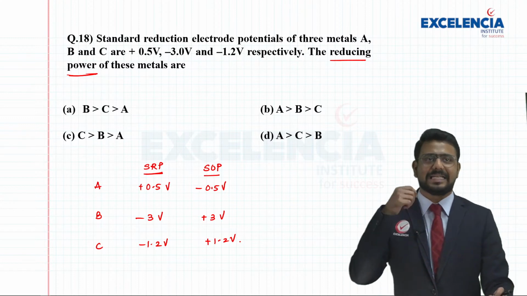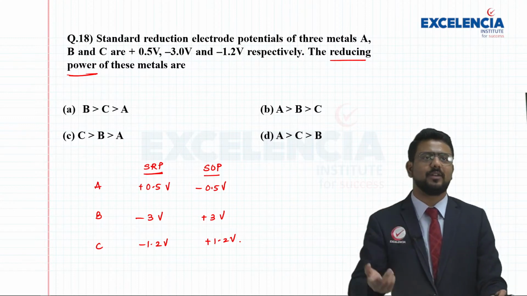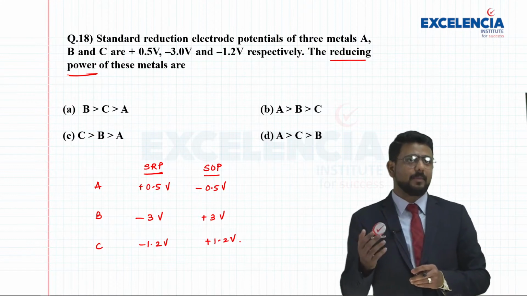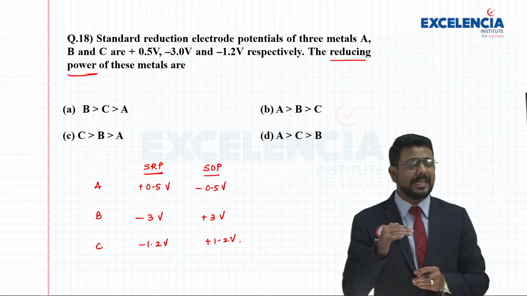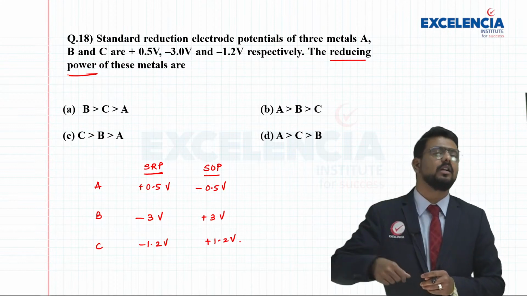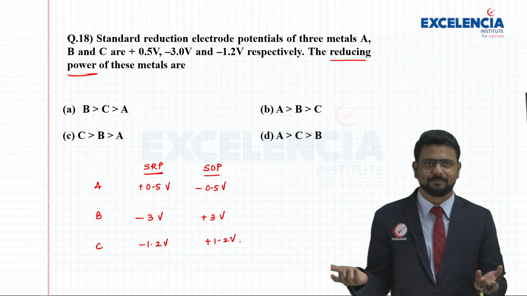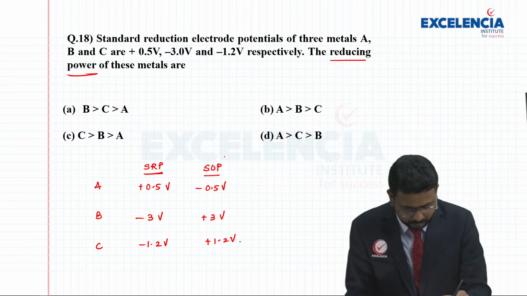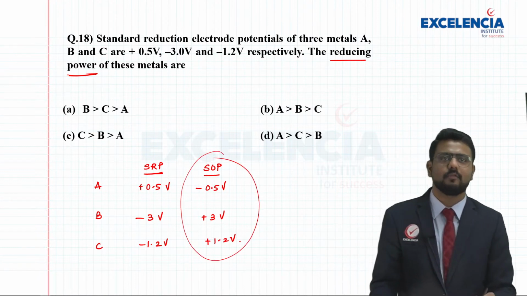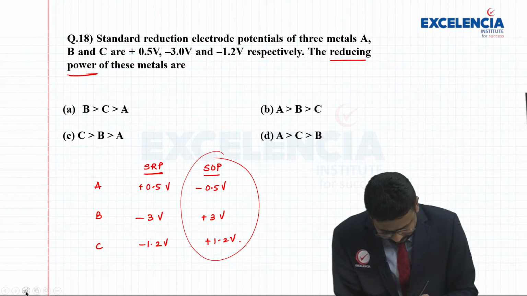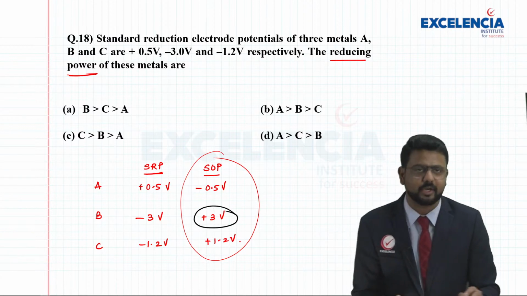So the one which gets easily oxidized will be stronger reducing agent without any doubt, okay? So if one of the elements gets easily oxidized, it means it is going to have a higher oxidation potential or lower reduction potential. Either way it's fine, okay? So if you look at this particular part of standard oxidation potential, you will realize here that B has the maximum oxidation potential, right?